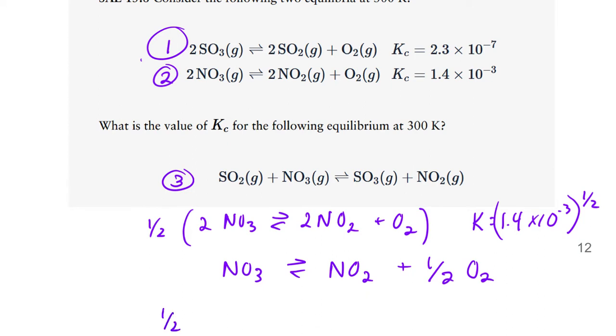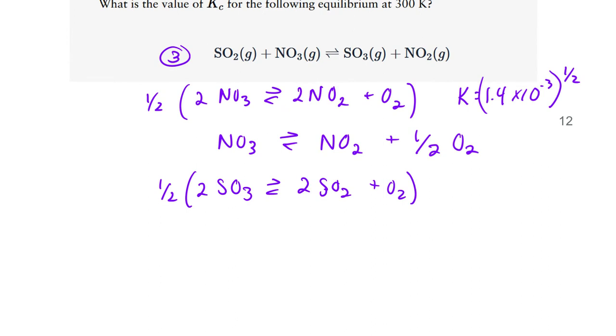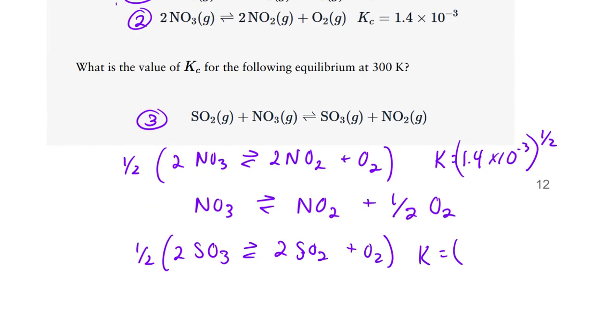So 1/2 of 2 SO3 in equilibrium with 2 SO2 plus O2. And then K is going to be 2.3 times 10 to the minus 7 raised to the 1/2 power. And so we'll end up with SO3 in equilibrium with SO2 plus 1/2 O2.